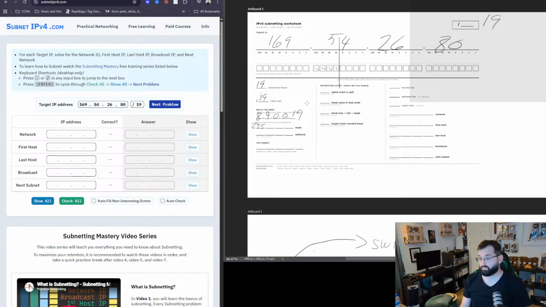What is 128 plus 64 plus 32 plus 16? 240. 240, 0, 0. So then that means the wild card is going to be 255.255.